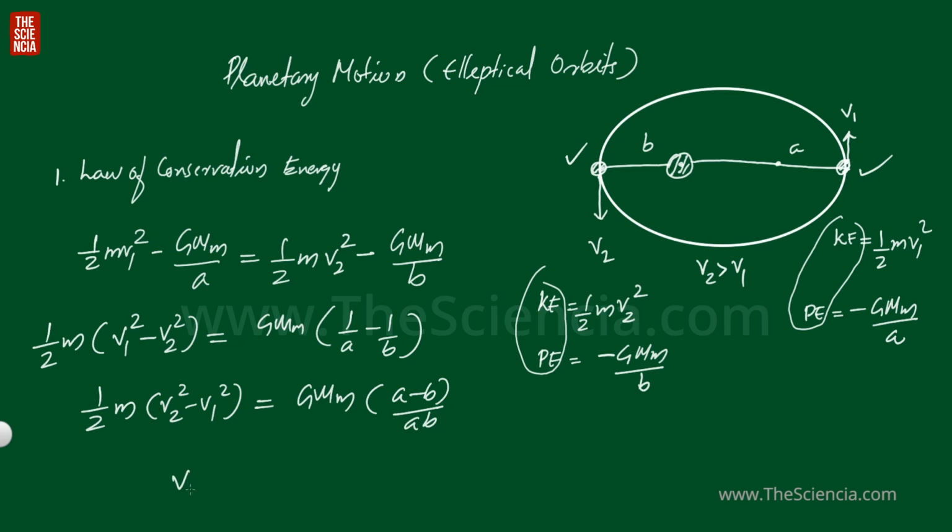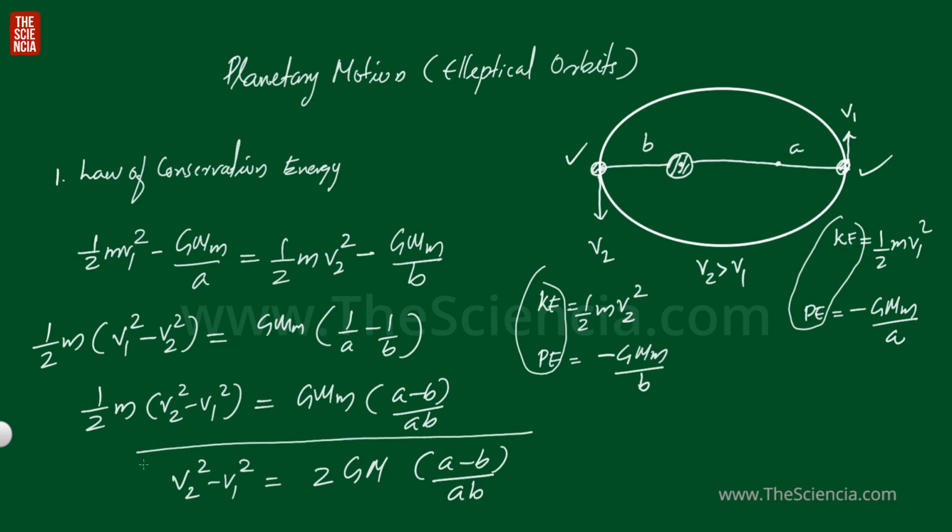So we get v2 square minus v1 square is equal to 2GM into a minus b by ab. So we got a relation between v2 and v1 from the law of conservation of energy.